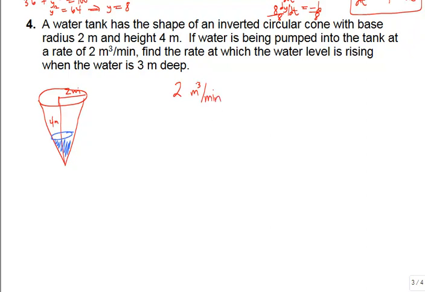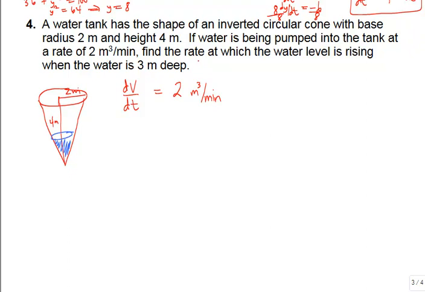So 2 meters cubed per minute is a derivative because it's a volume per time. So this is dV dt. So 2 meters cubed per minute is how much the volume of this water, that blue stuff, is increasing as we keep pumping in water. So that's the first thing we know.